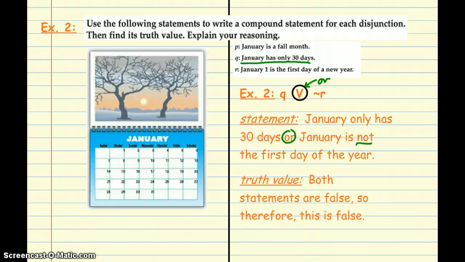That's where we change it. In this case, both statements are false. So this one is also false, because January actually has 31 days.